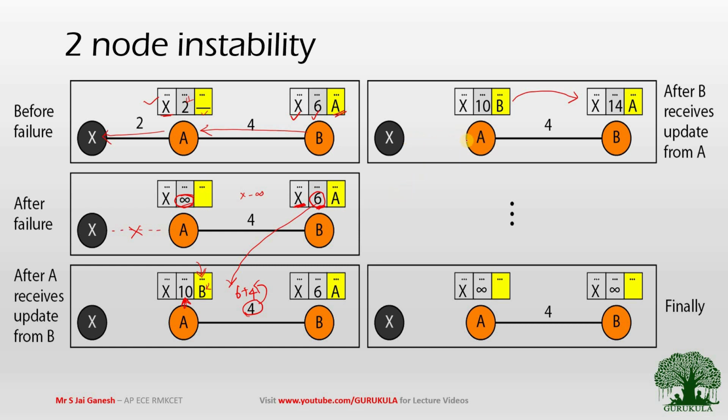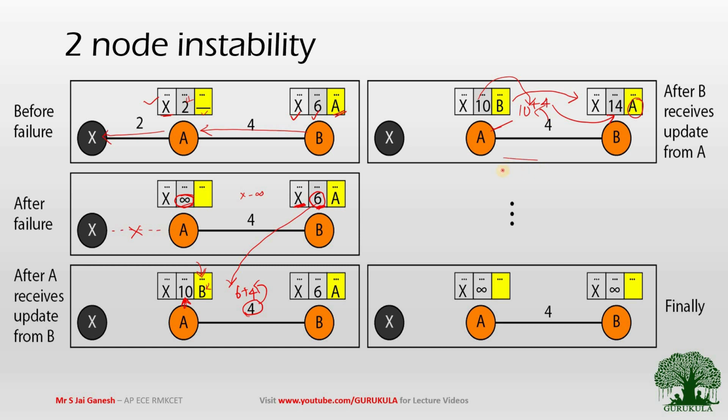So A knows more about X. So B will update its information based on A's table. So here it is 10 and we need to add this 4 together. So 10 plus 4 will give you 14. And the next node, since A is the sending node here, we need to put A here. So B will update its table like, okay, X can be reached with a cost of 14 via A.